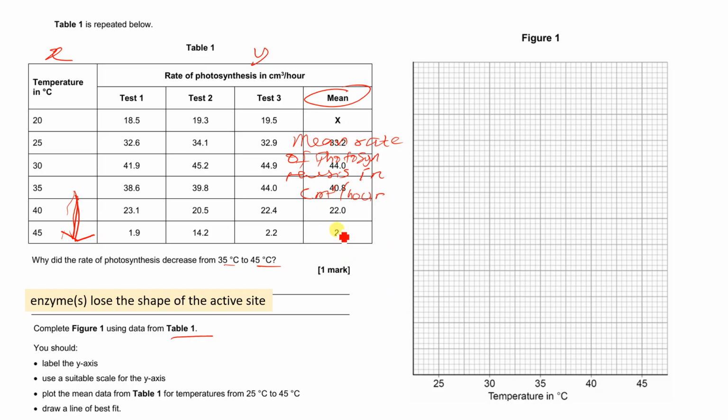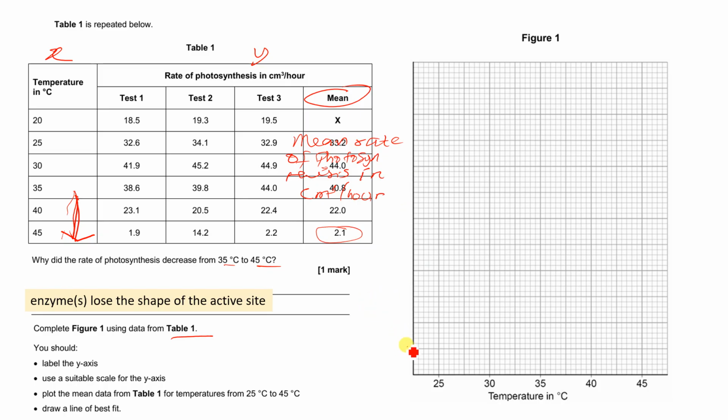The least value here is 2.1, and I told you always try to make sure it covers more than half of the space given. The maximum value we have here is around 44. So if I make this 5, 10, 15, 20, 25, 30, 35, 40.